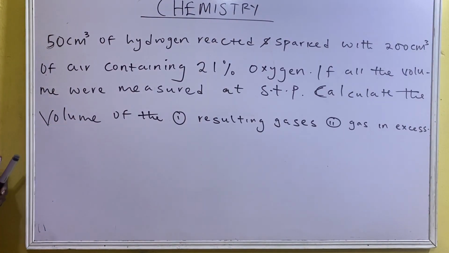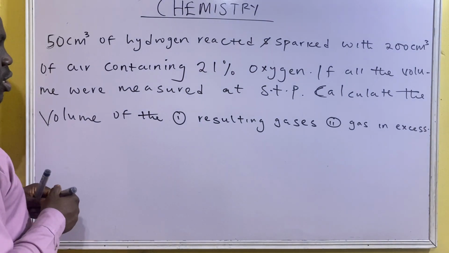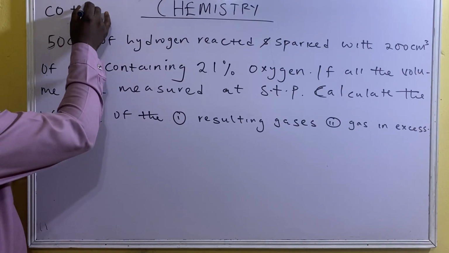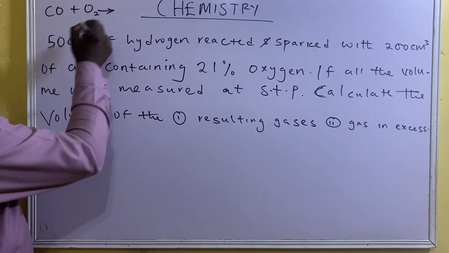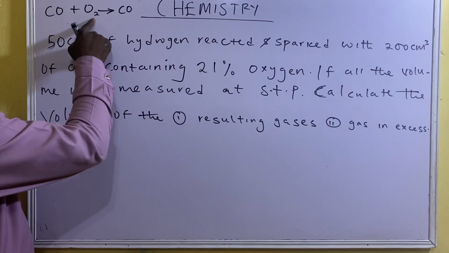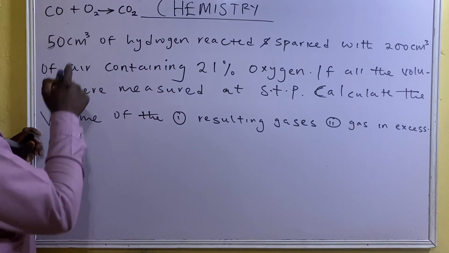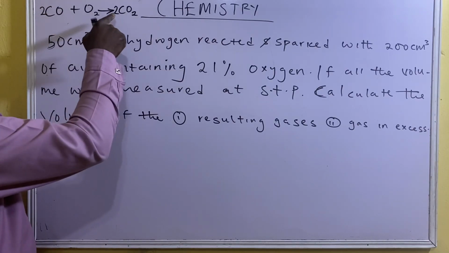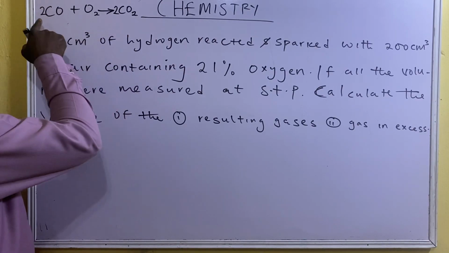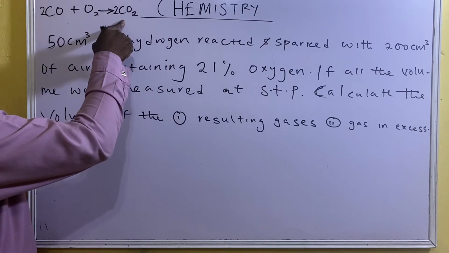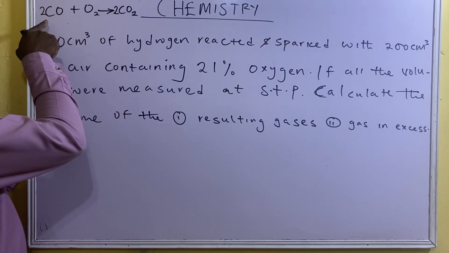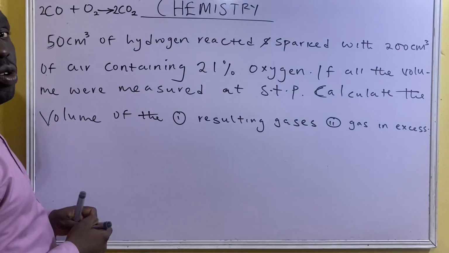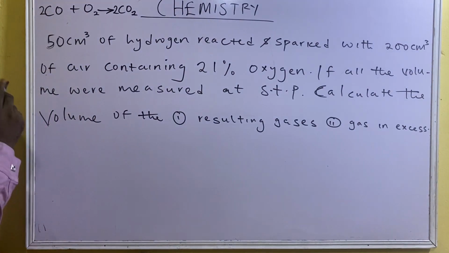So if you have CO reacting with oxygen to give CO2, you balance the equation. This is a gas, this is a gas, this is a gas, and they react in a simple ratio of 2, 1, 2. The volume ratio of the reactants to the products is similar, so they are in simple ratio.